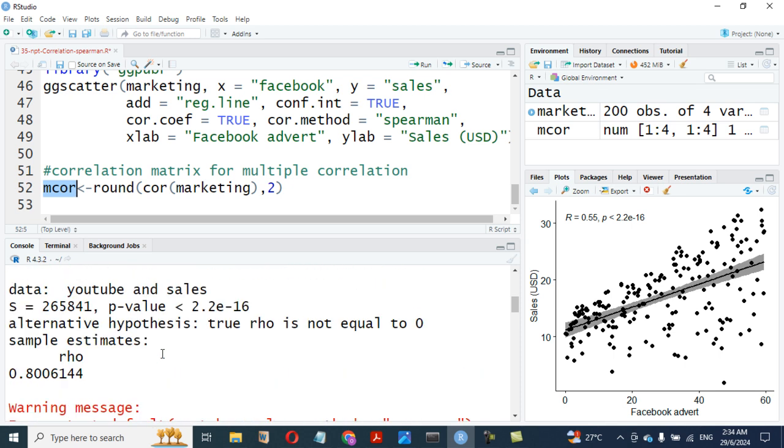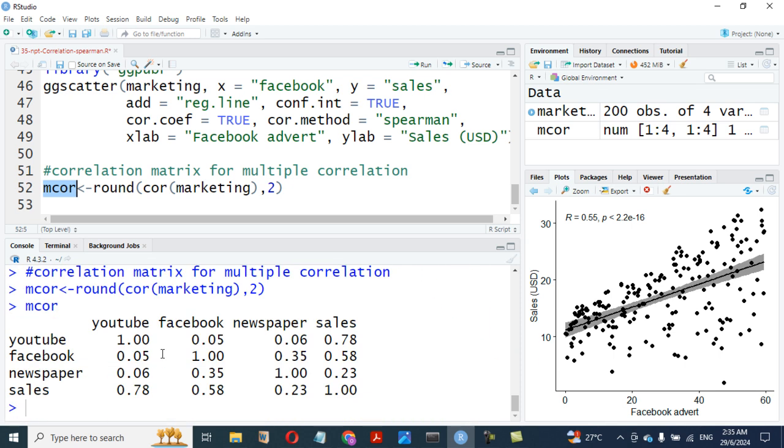This one is 0.8. So this is how you do the correlation for multiple variables. This one only gives you the correlation, not really the test. No other information is supplied apart from just looking at how they are correlated.